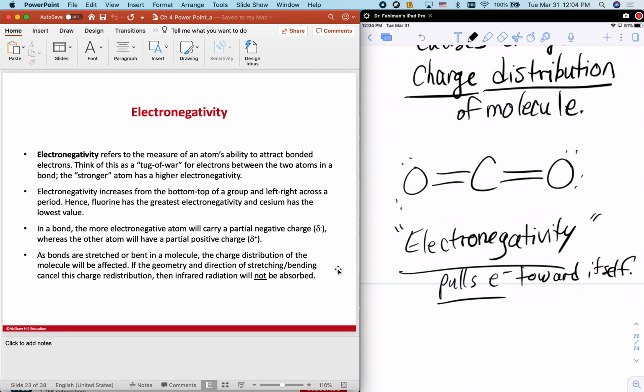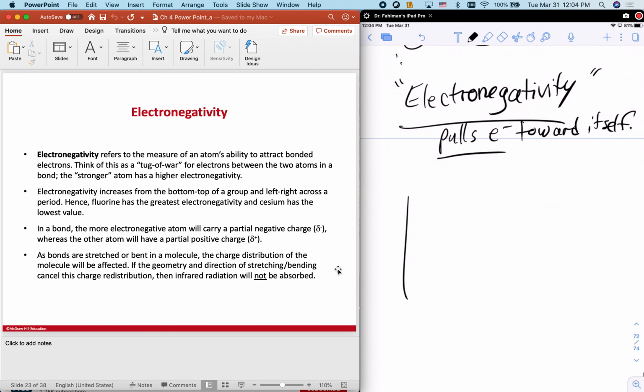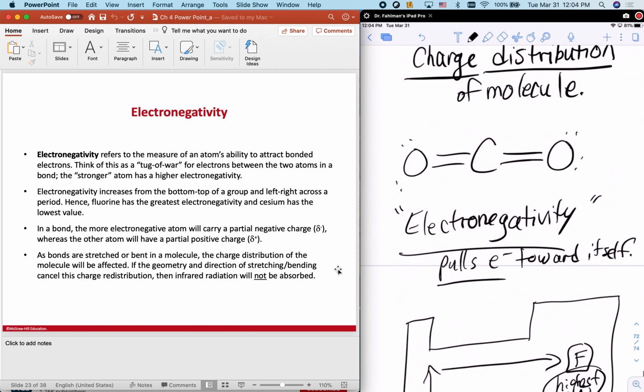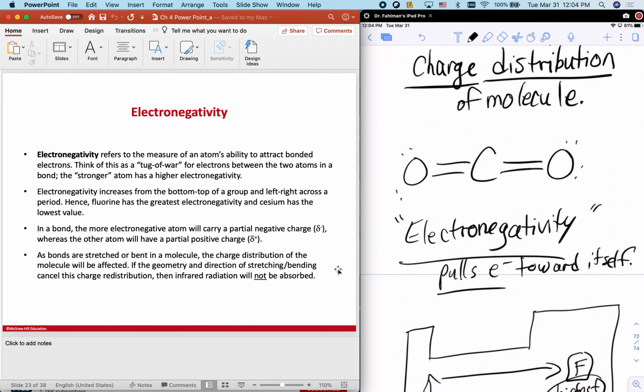And remember, if we looked at the periodic table, we saw something way down here has a very low electronegativity, and it increased as you go up a group or across a period, over to fluorine, which was the highest electronegativity. And so oxygen is farther to the right than carbon, so oxygen will have an increased electronegativity.